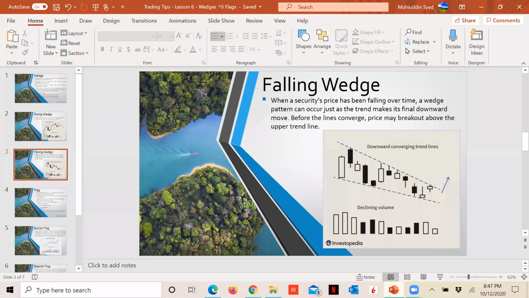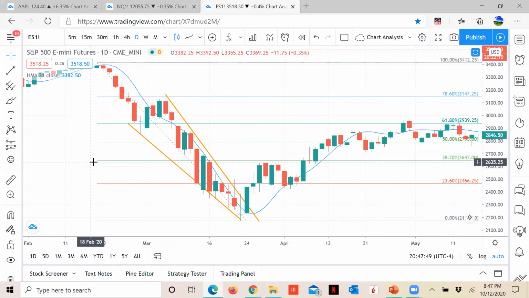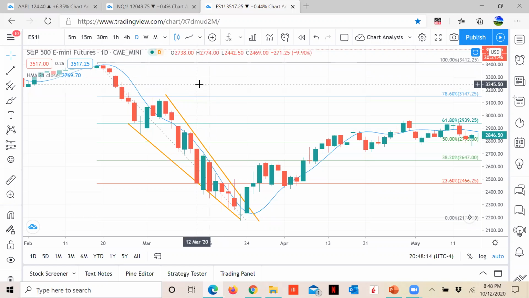When you're looking at day trading, the same pattern can be followed on a day-to-day basis. I didn't even have to search through this S&P 500 to find where a rising wedge is and where a falling wedge is.